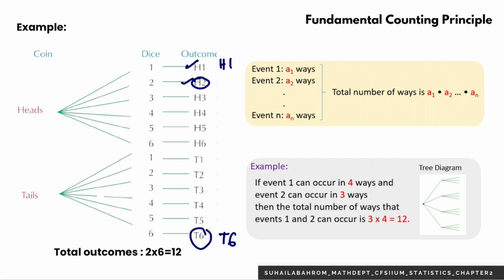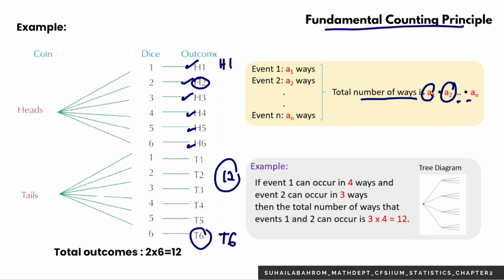When we calculate manually, the total number of outcomes here is 12. It is quite tedious when we have several events, or more than 2 events. So by using the fundamental counting rule, the total number of outcomes is equal to the number of ways for the first event times the number of ways for the second event, and so on.